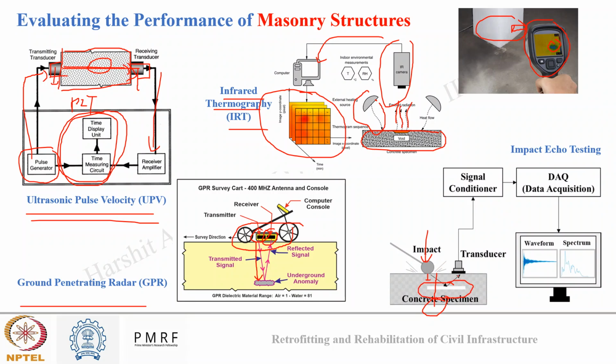So based on the reflection of the wave which is recorded by the transducer, we can judge whether there is a defect or not. Okay, so we have given the input mechanical wave, and from the output spectrum we can make a judgment of the presence of defect or any kind of abnormality in the structure.